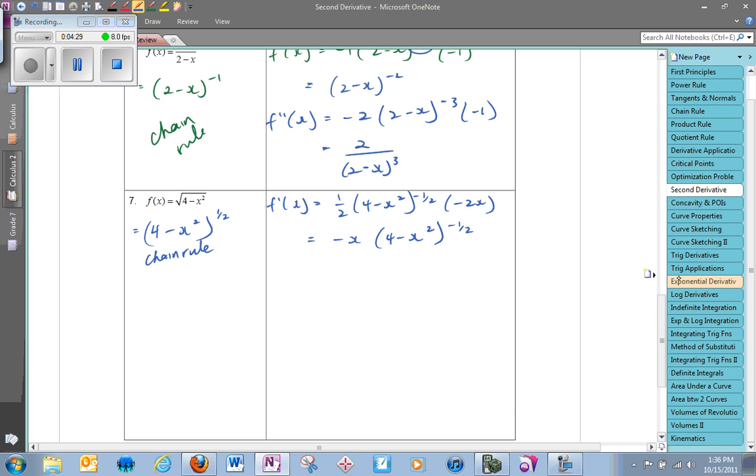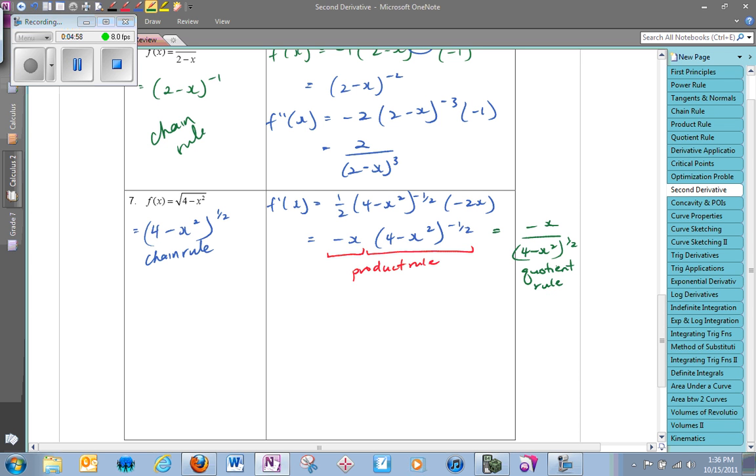In order to take the second derivative, hopefully just looking at it right now, you realize that here's one term and here's another term. They're multiplied together, so I'm going to be using the product rule. If for whatever reason you've changed the form and you see this instead, you're going to be using the quotient rule.